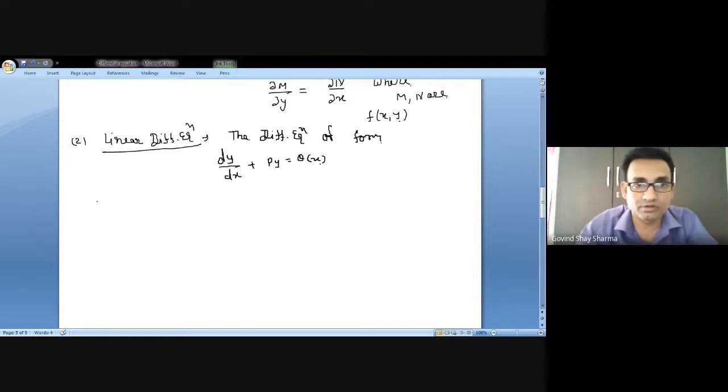This is called first order linear differential.